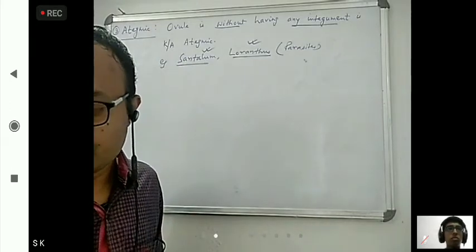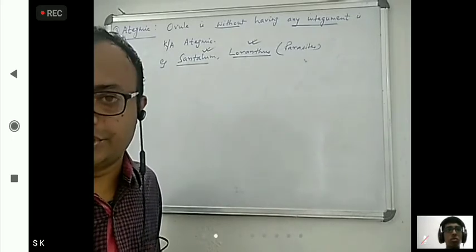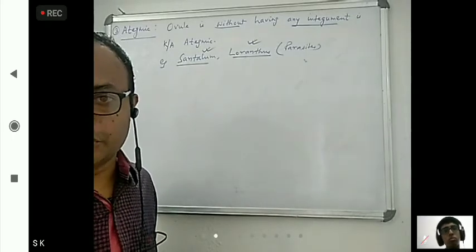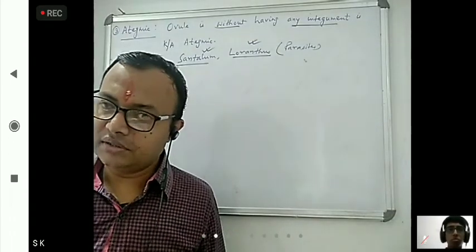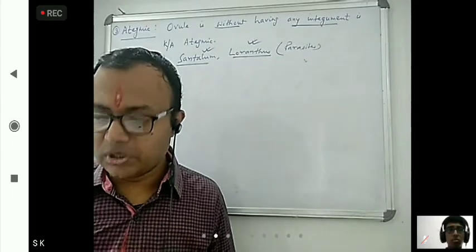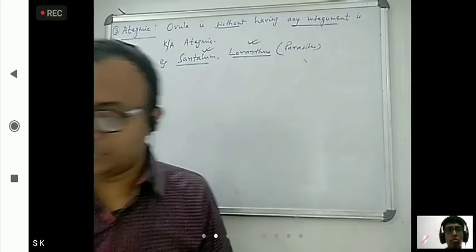Ategmic. Now, next we have to see on the basis of degree of curvature. What is that? Degree of curvature, or what we can say, position of micropyle, body of ovule, and funicle. Ovules further having some types. Okay.